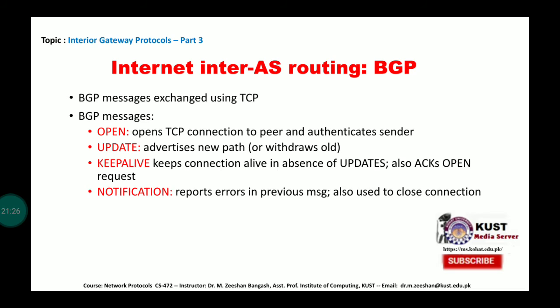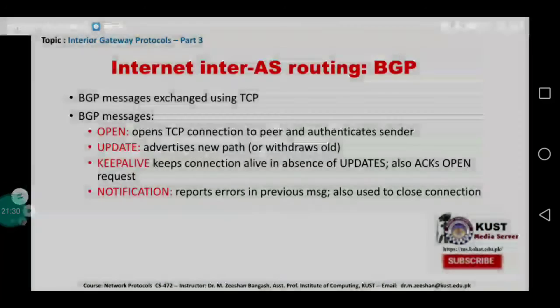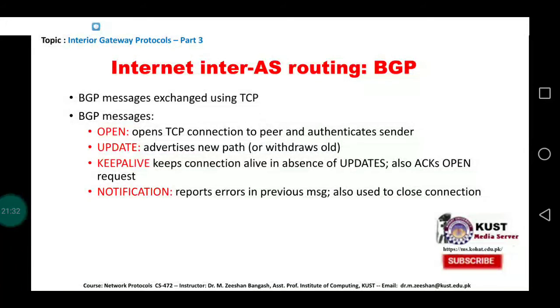And then there is another BGP message, which is the notification message. The notification message is used to report errors in the previous message, and it's also known as the close connection message.